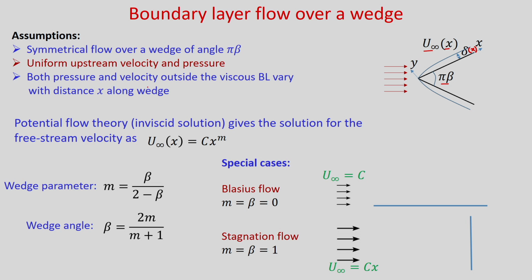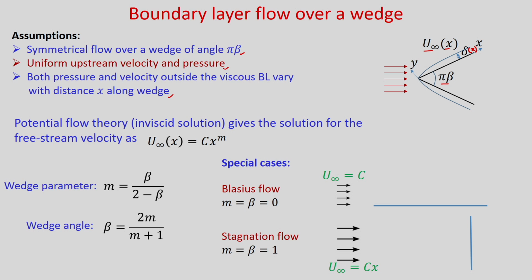In this particular case you can see that this free stream velocity u infinity will increase with axial direction x. These are the assumptions we will consider for boundary layer flow over a wedge. We will consider symmetrical flow over a wedge of angle pi beta, uniform upstream velocity and pressure. Both pressure and velocity outside the viscous boundary layer vary with distance x along the wedge.